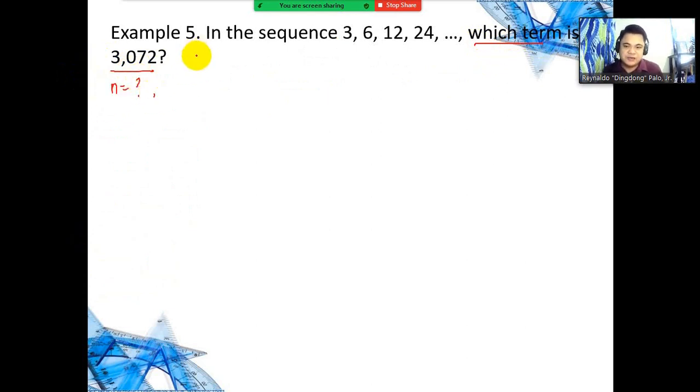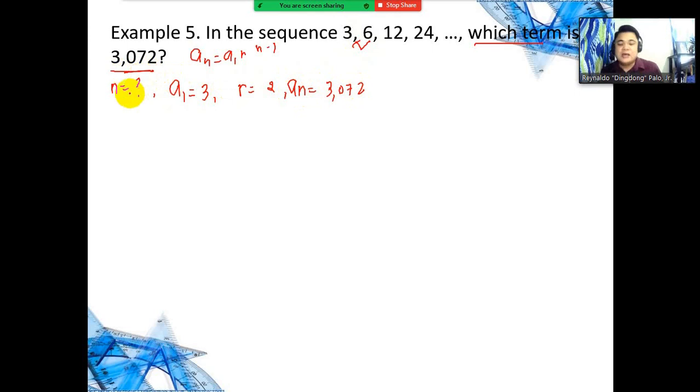Okay, with the guide of our formula, a sub n equals a sub 1 r raised to the power of n minus 1, we will be identifying the following values. Your a sub 1 is, of course, the first term, which is 3. Your common ratio, divide 6 divided by 3, it is 2. And your n is unknown. But we will be looking at the last term, which is given, a sub n equals 3072.